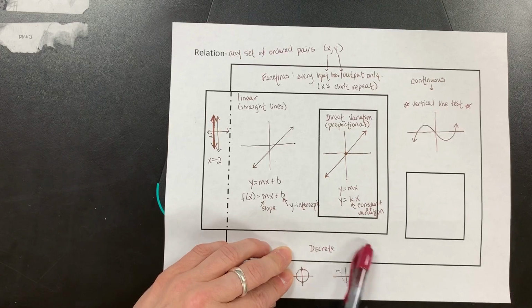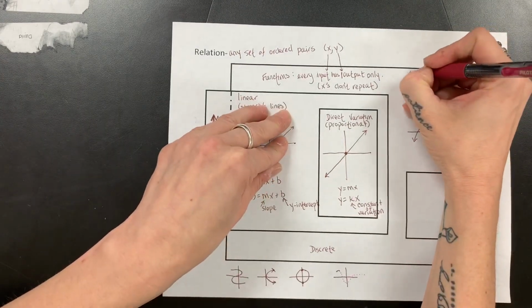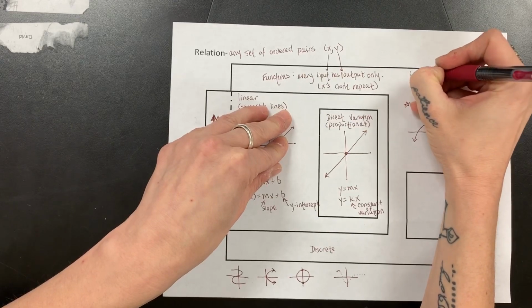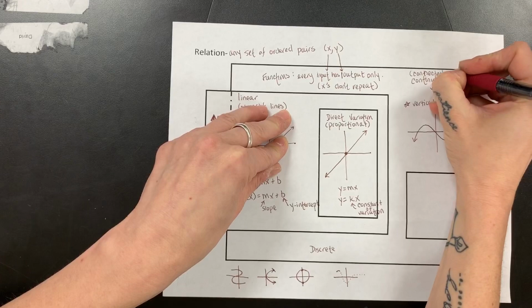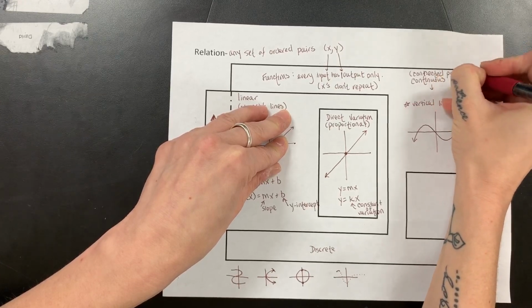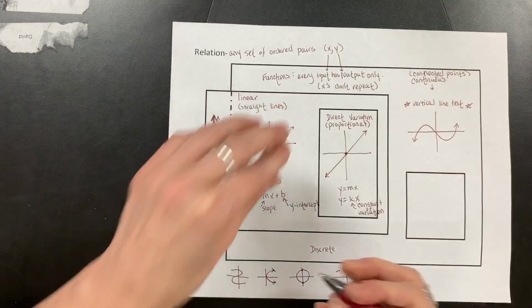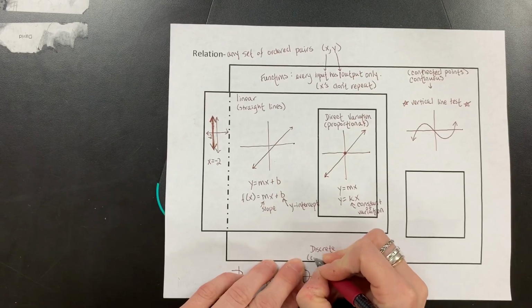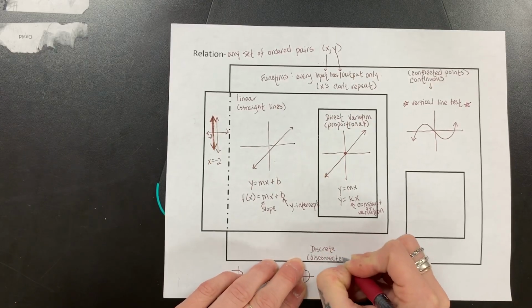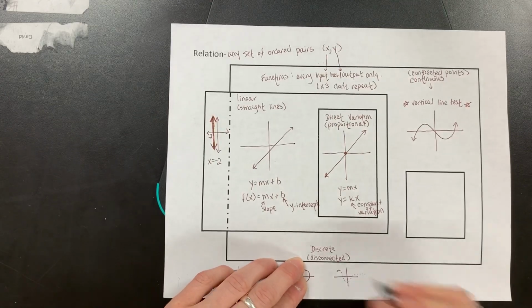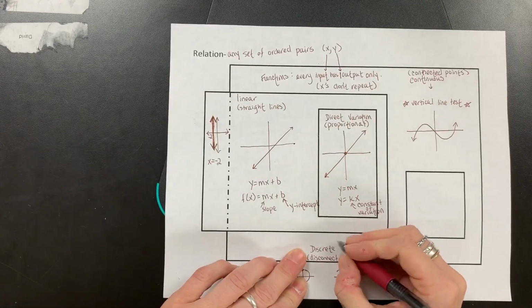We just don't connect those ordered pairs together on the graph. So we could say that these are connected points for continuous and disconnected points for discrete domain and range.